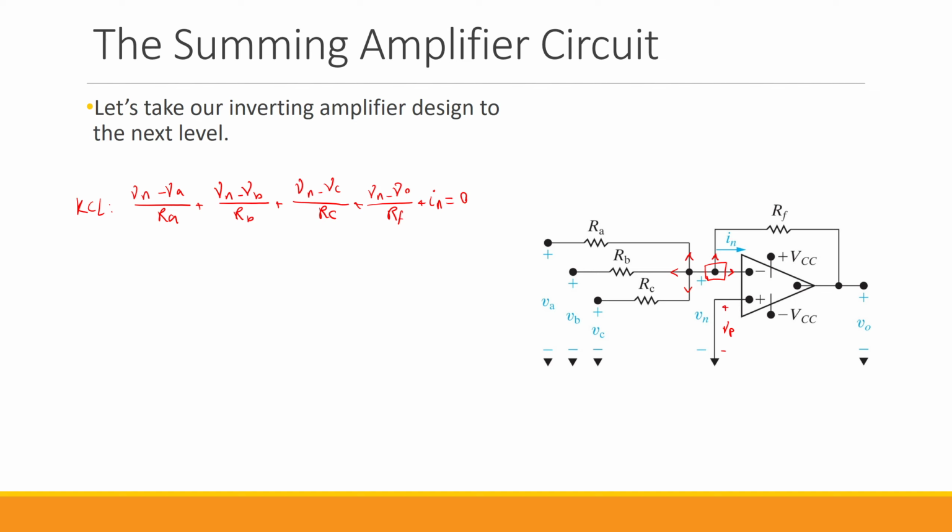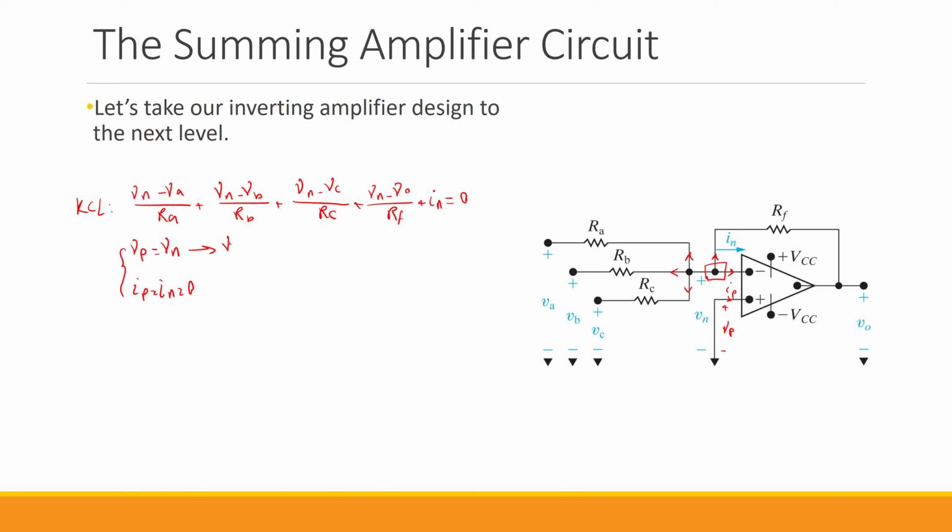Now it's time to use the two constraints again. We have Vp equals Vn, and then we have Ip equals In equals 0. In this circuit, like before, the non-inverting input is connected to ground or the reference node.